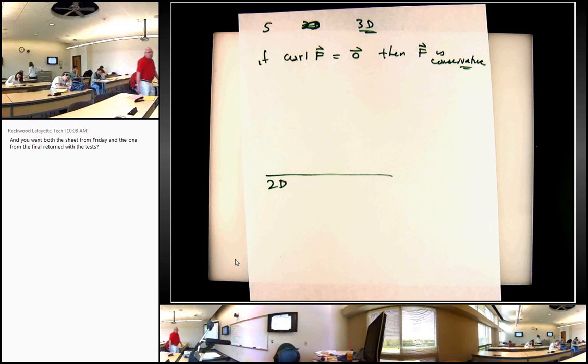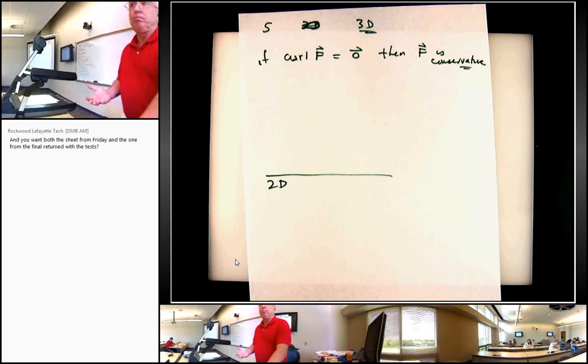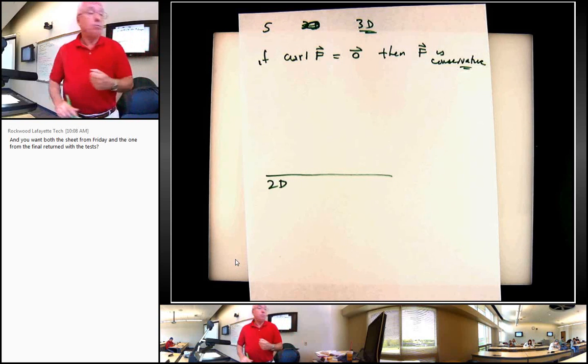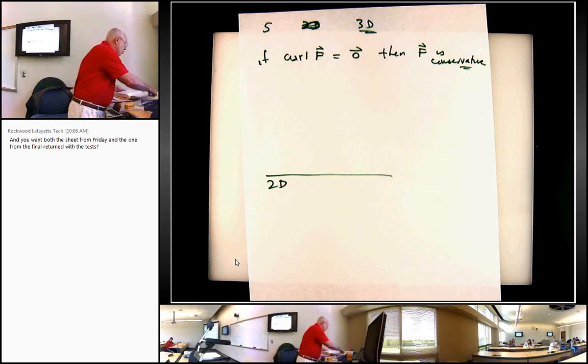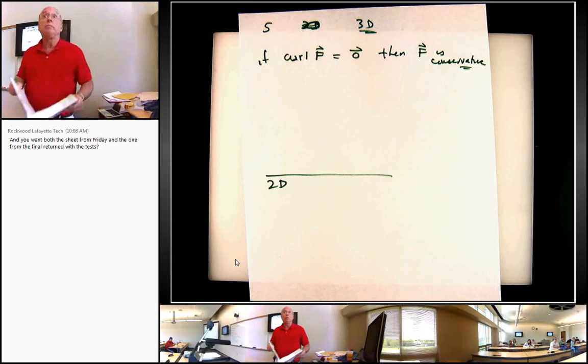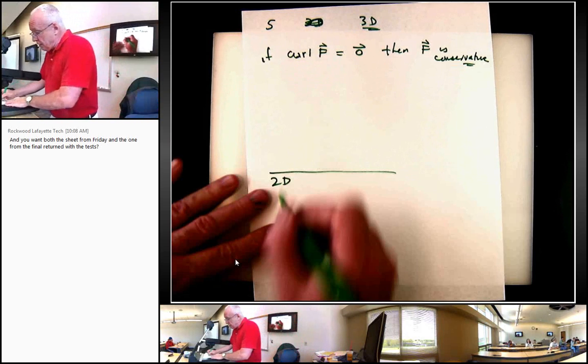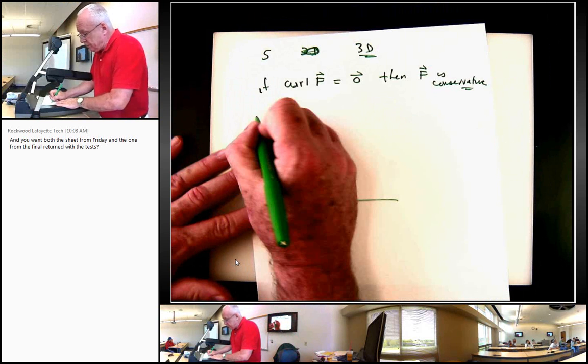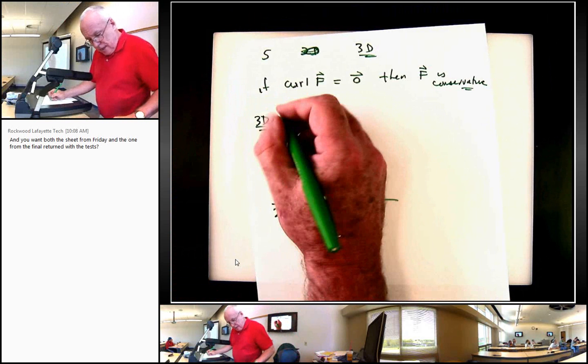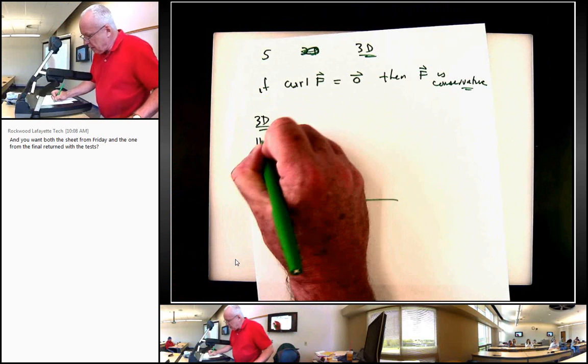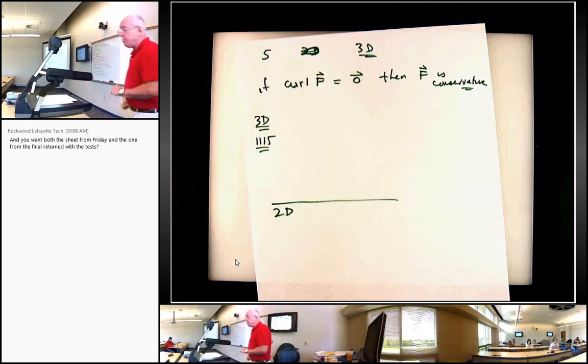Since you're able to bring a note with you, the reason for the curl is because that's hard to remember. But this is what Jen is talking about for the three-dimensional case. In fact, this is found on page 1115 of the book.